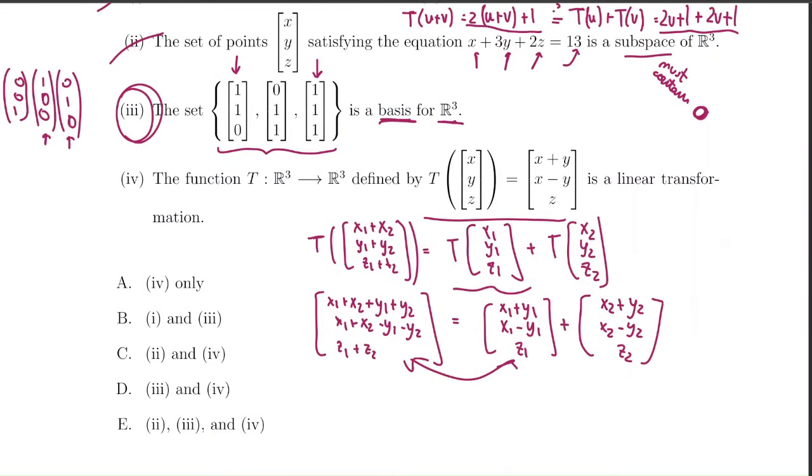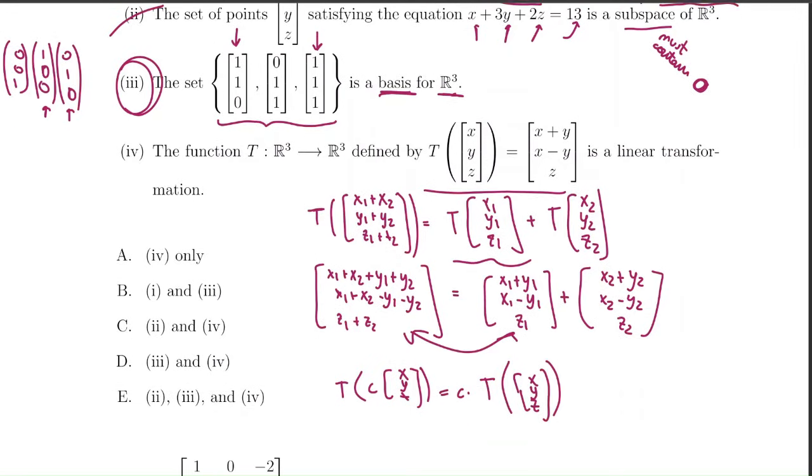It's closed under addition. The other test you could do is closed under scalar multiplication. That's just saying: is c times the transformation of xyz equal to the transformation of c times xyz? There's nothing weird going on here, so hopefully you can confirm that this is the case.